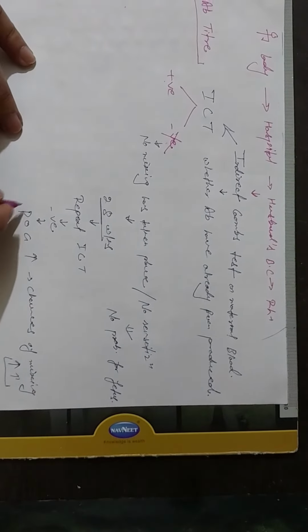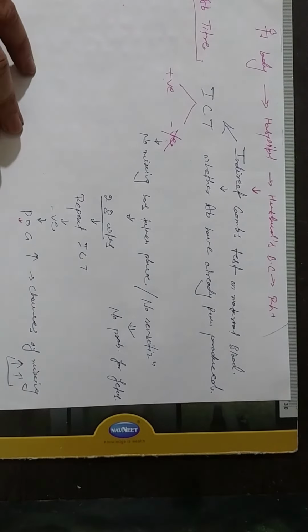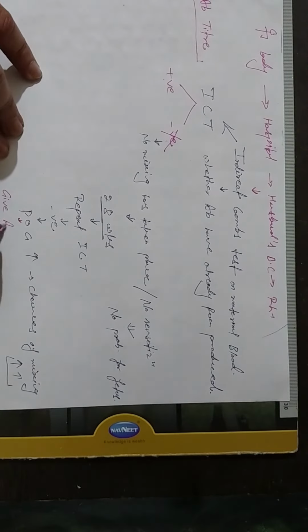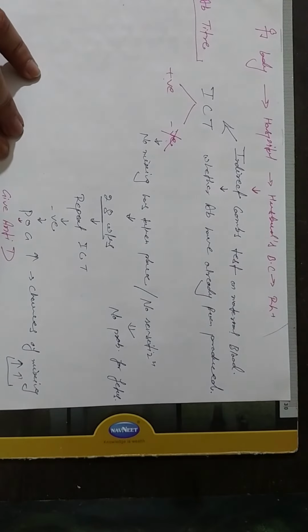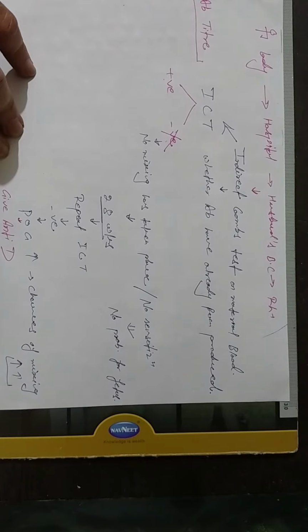So what we will do now, at 28 weeks, we will give her anti-D. How much we will give? 300 microgram single dose. Injection of anti-D, 300 microgram single dose.